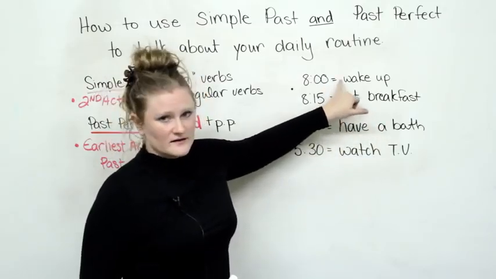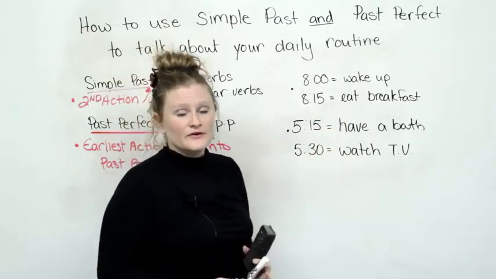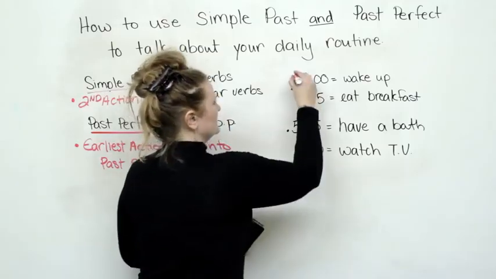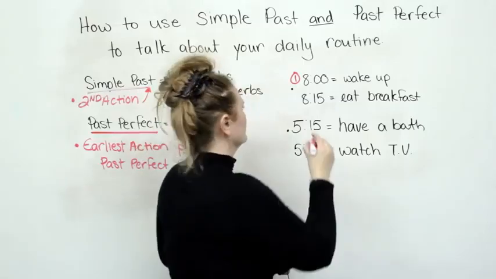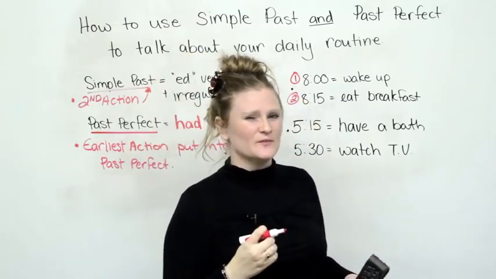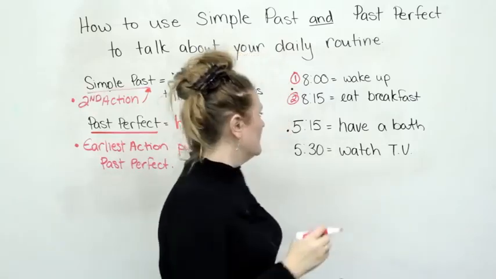So, 8 o'clock, I wake up. 8:15, I eat breakfast. So, the earliest or the first action that I do in the morning is I wake up and then I eat breakfast. I usually have oatmeal for breakfast with yogurt. What do you eat for breakfast?